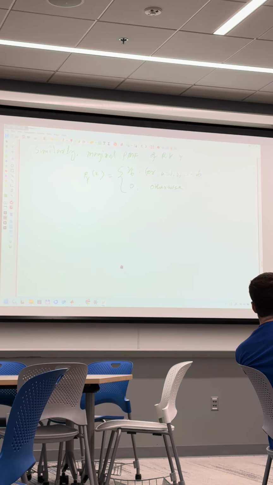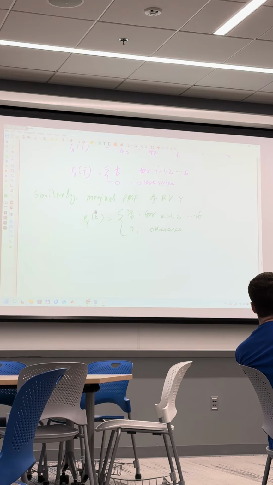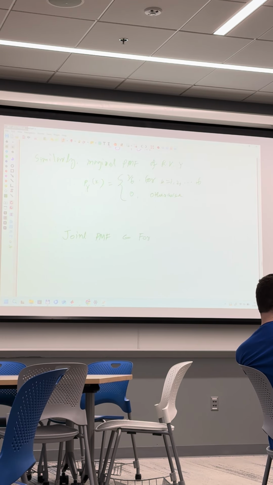So far we talked about joint PMF for the discrete random variable case. Now we are going to move on to the same thing.